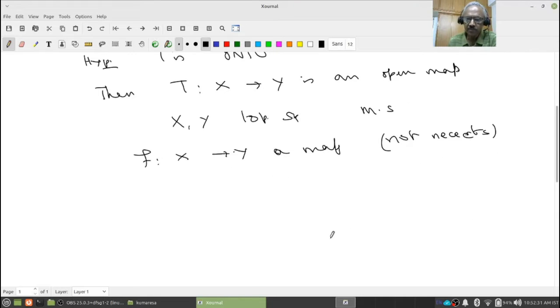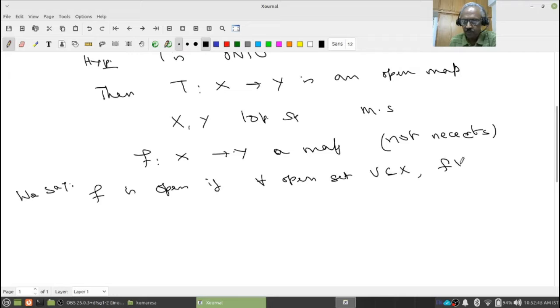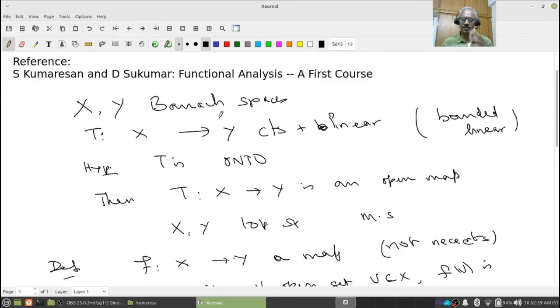Then we say F is open if for every open set U in X, F of U is open in Y. That means it maps open sets to open sets. This is the definition. So if T is a continuous linear map from your Banach space X onto a Banach space Y, then it is open.